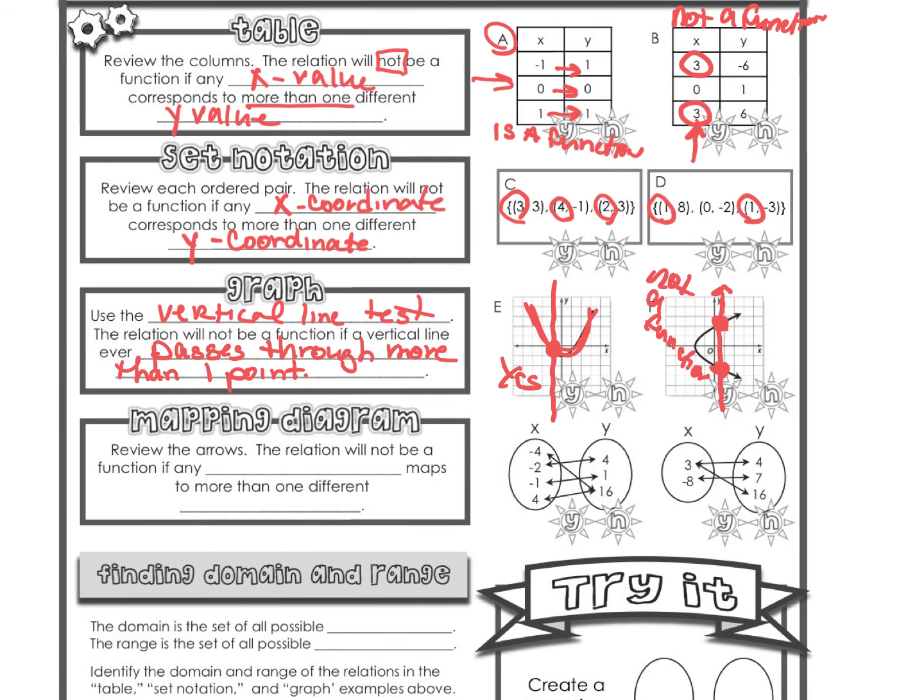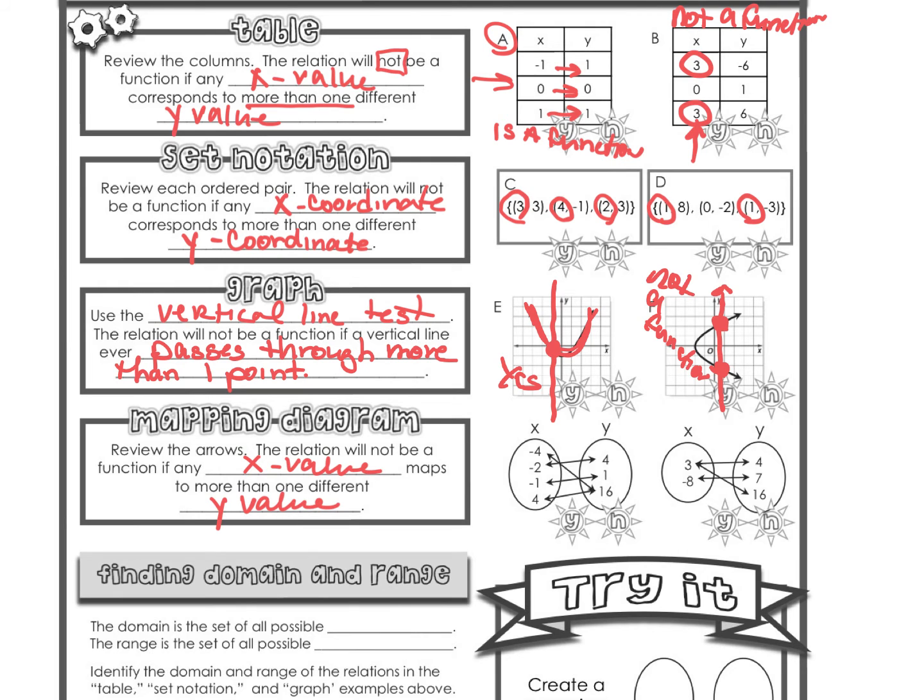Mapping diagram. Review the arrows. The relation will not be a function if any x value maps to more than one different y value.